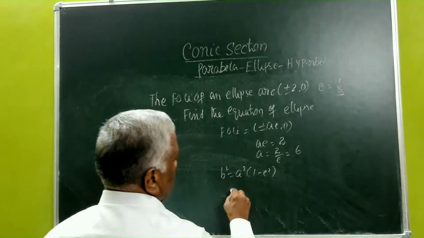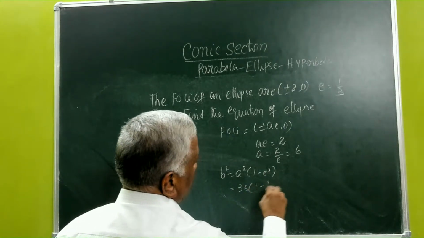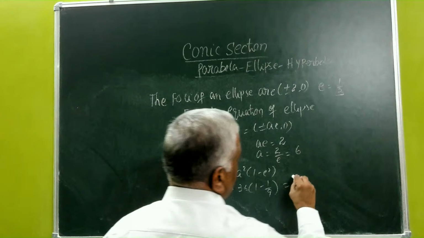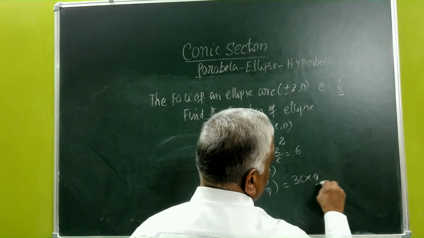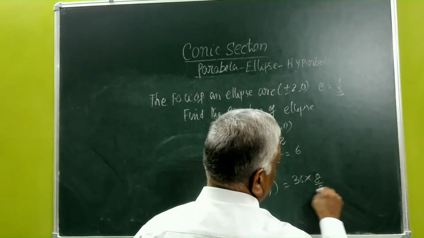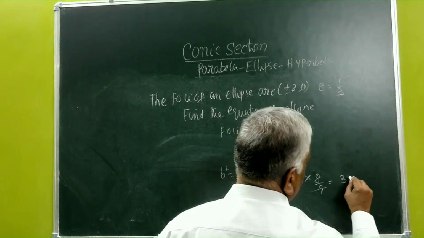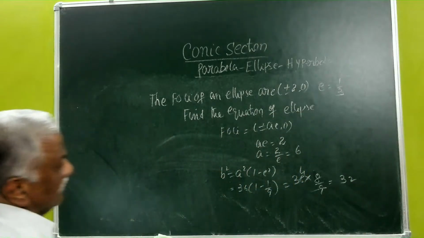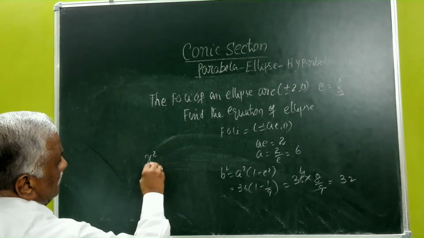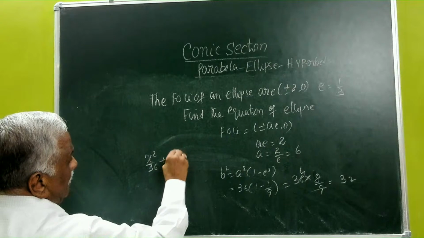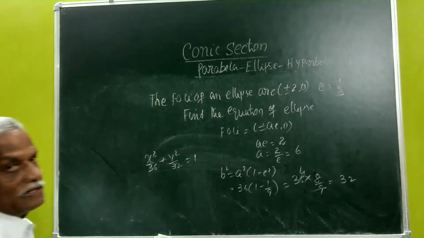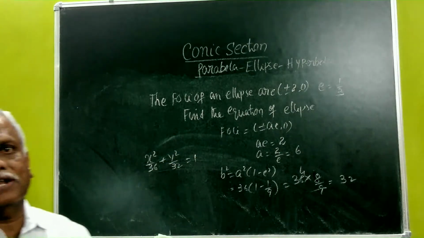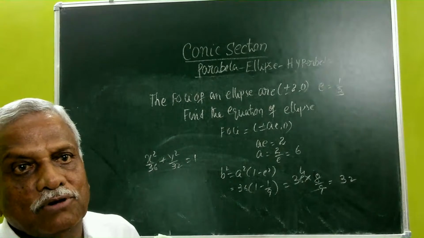What is a square? 36 into 1 minus 1 by 9, 36 into 8 by 9, this is 32. So what is our answer? x square by 36 plus y square by 32. So once you know the result, it will not take more than a minute.